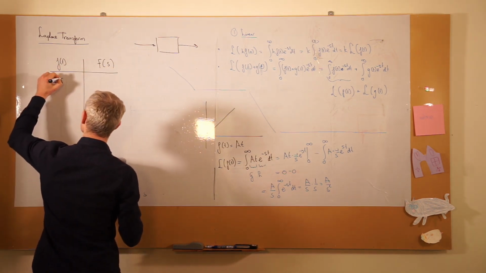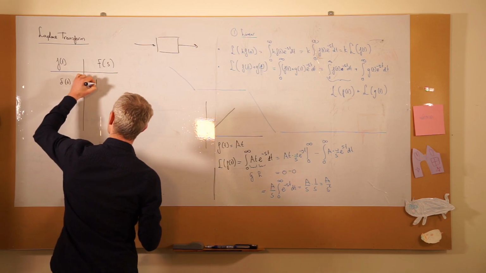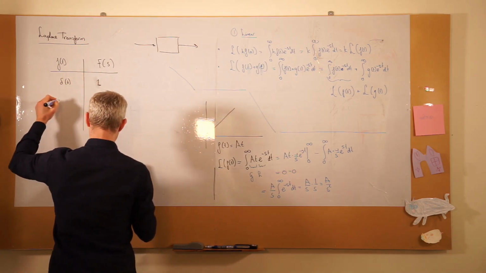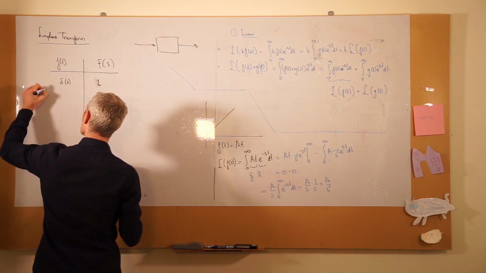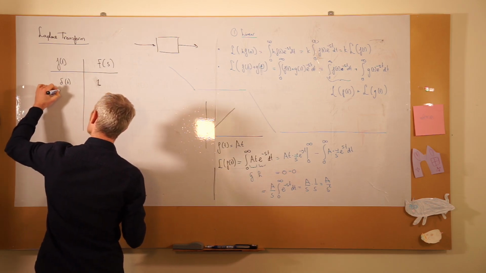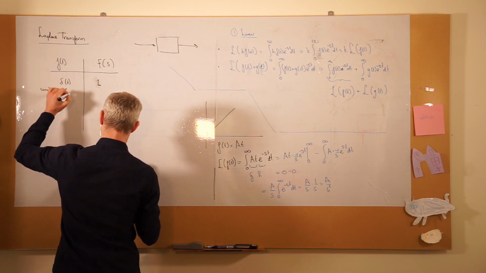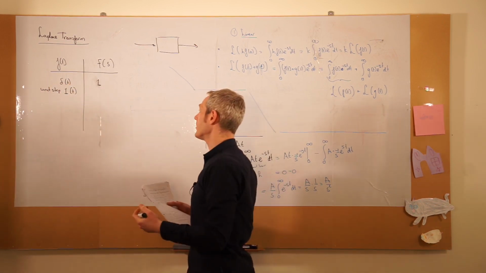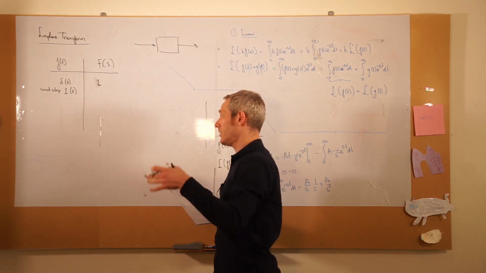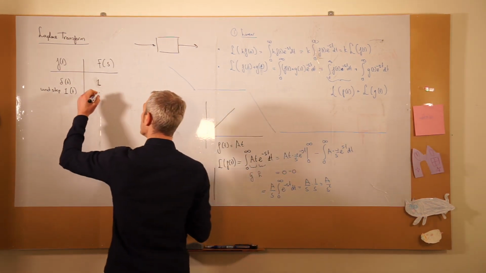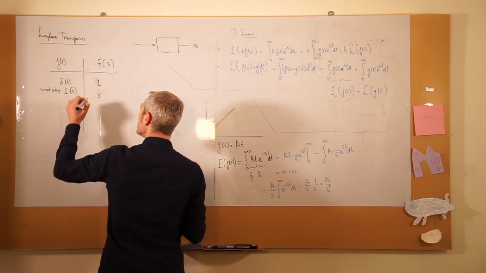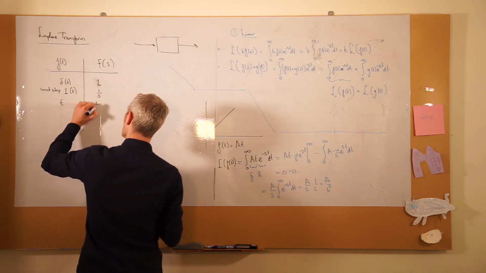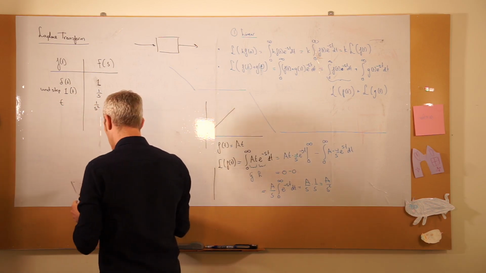So we had a unit pulse and we ended up with 1. If we have a unit step, which is denoted by 1(t), then our Laplace transform, well, in the example we had a step with height a, but this will then be 1 over s. If we have a ramp t, then we'll get 1 over s squared.